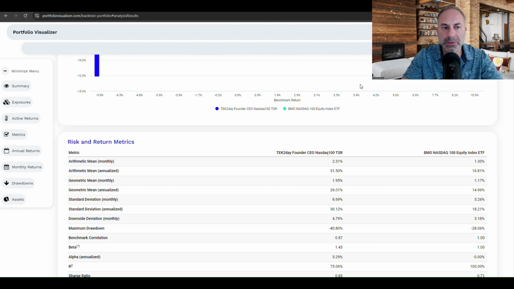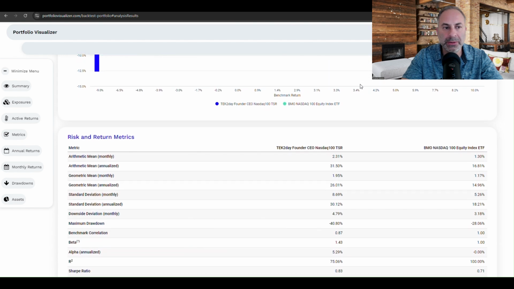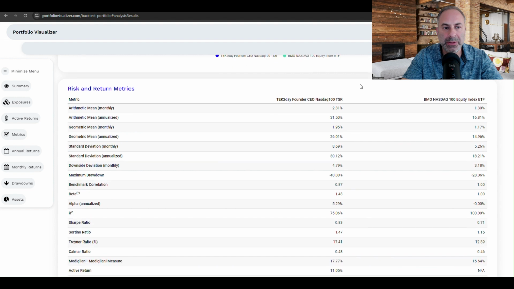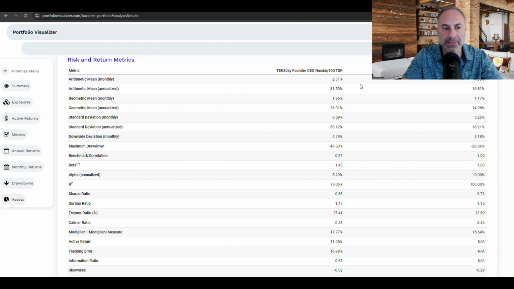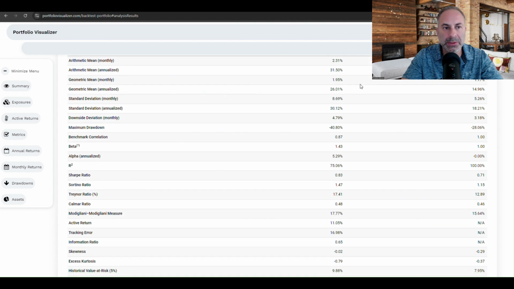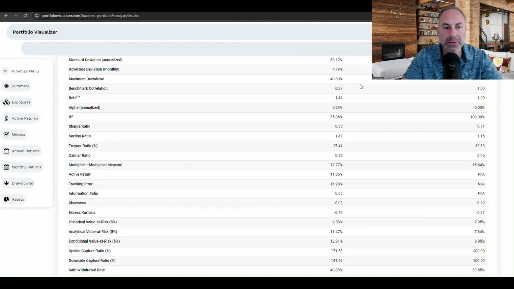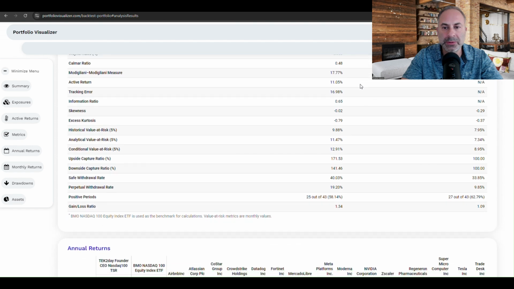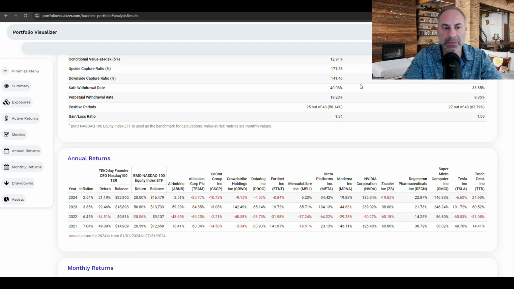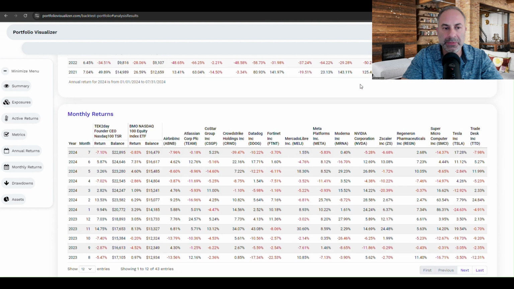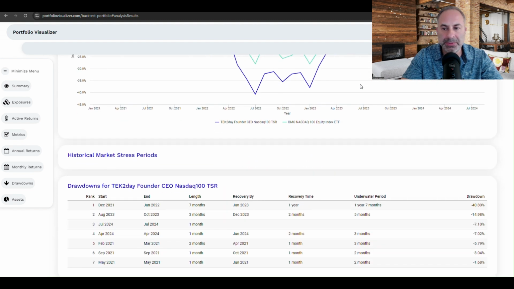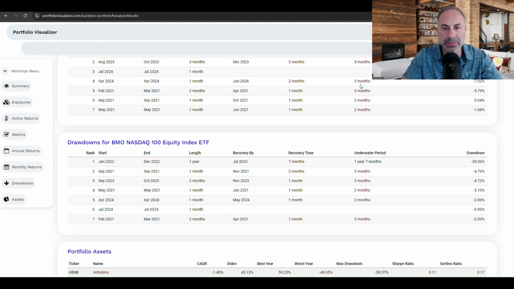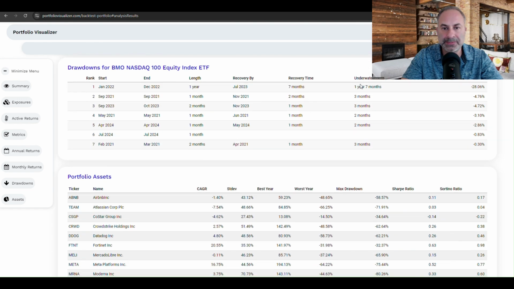Risk and return metrics, standard deviation, arithmetic mean, geometric mean, alpha, beta, R squared, Sharpe ratios, Modigliani, more annual return data, monthly return data, drawdown information. So anyway, kind of interesting. I just built this backtest on the fly.